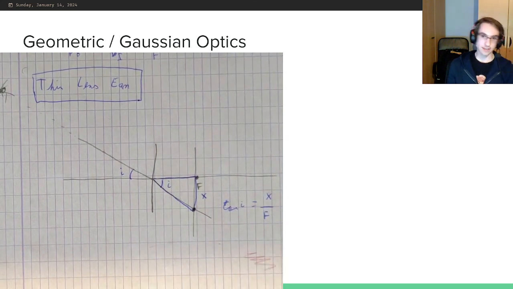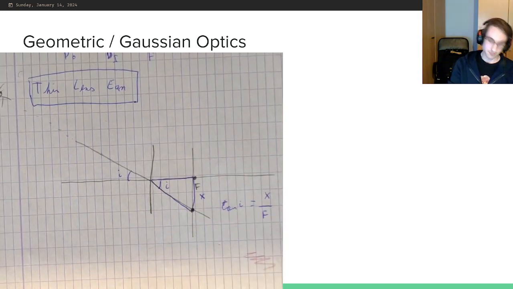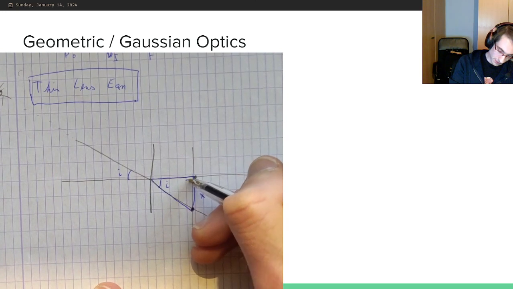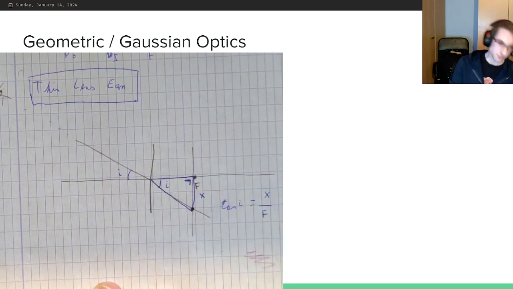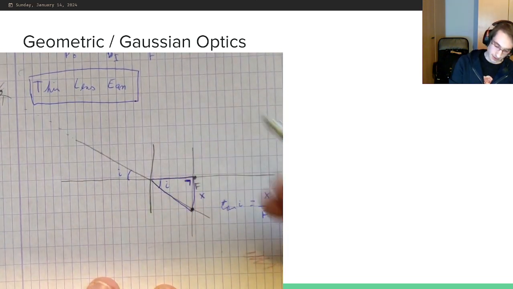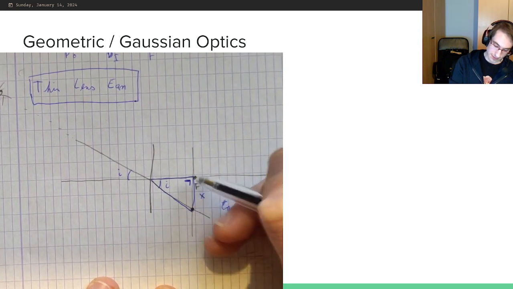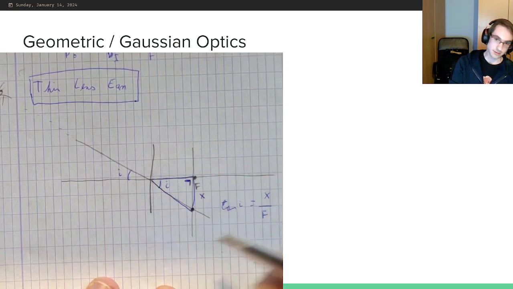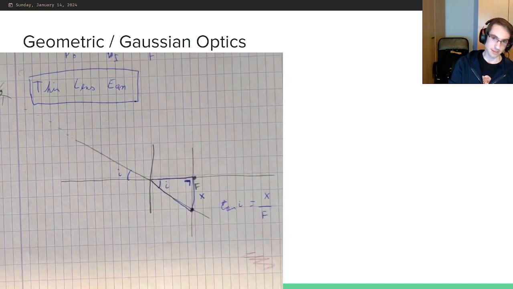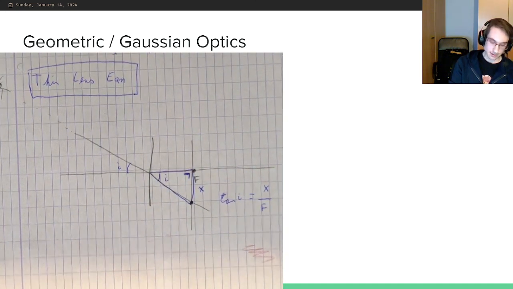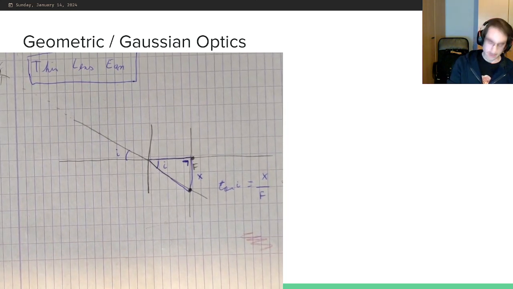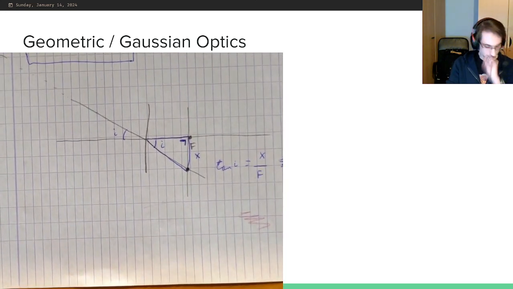If you don't know what a tangent is, it's a mathematical function that is very useful, and it appears when you look at right angle triangles like this one. This ratio of this side versus this side, or of any two sides, depends only on this angle. And this is how it depends on this angle, and that's basically how it's defined.